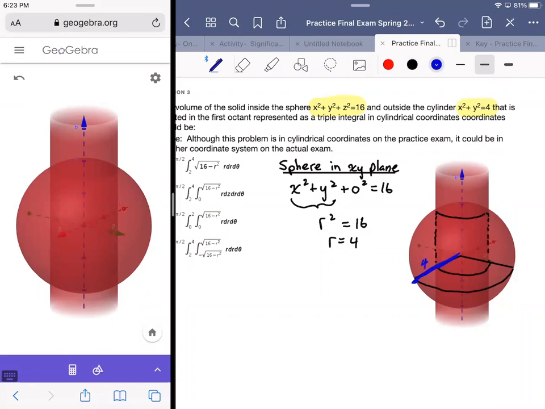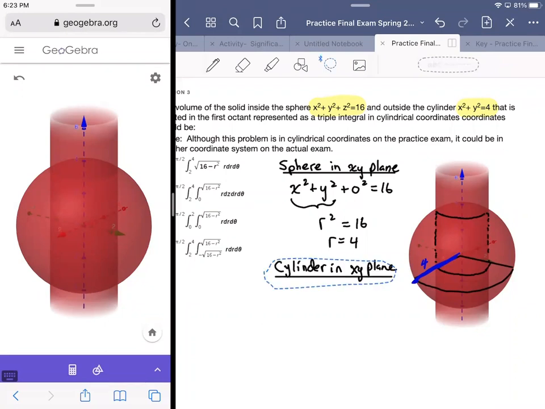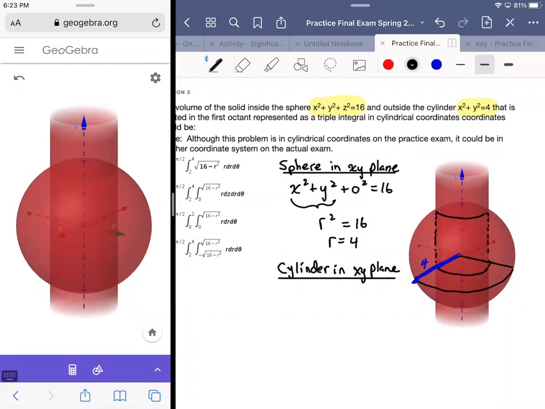Now we need the cylinder in the xy plane. That one's a little easier to handle because the cylinder is defined with infinite height, so it's going to have the same xy characteristics no matter what its z value is.